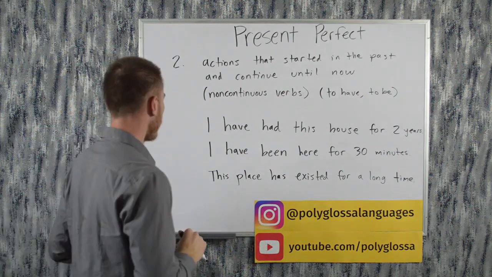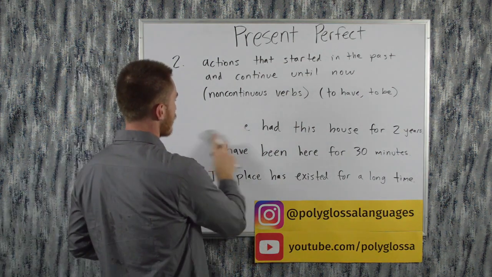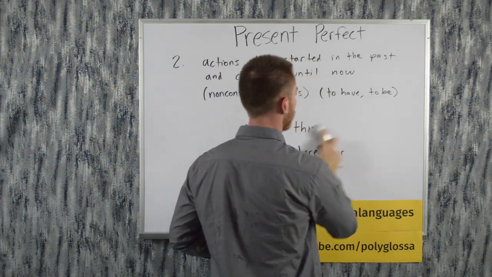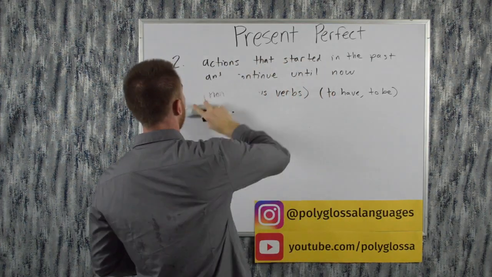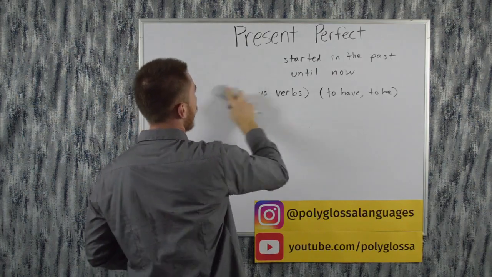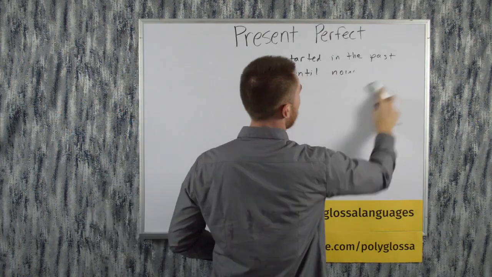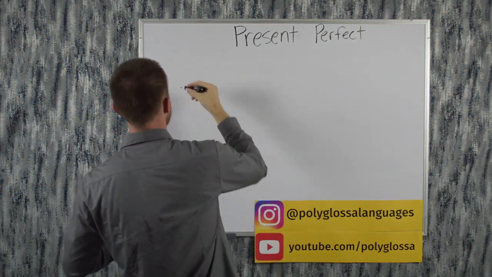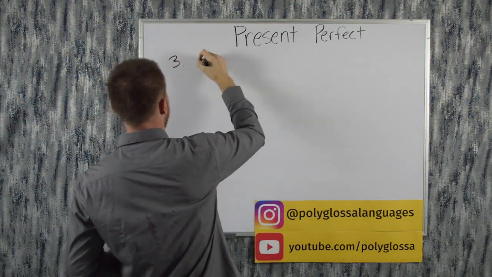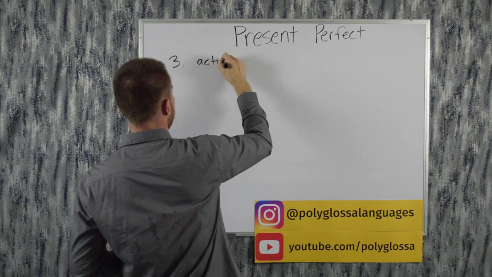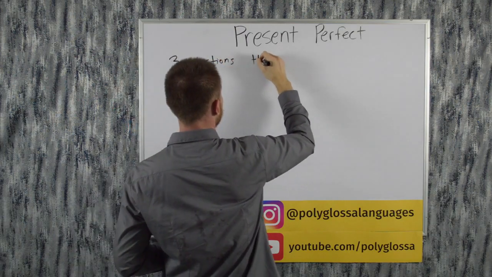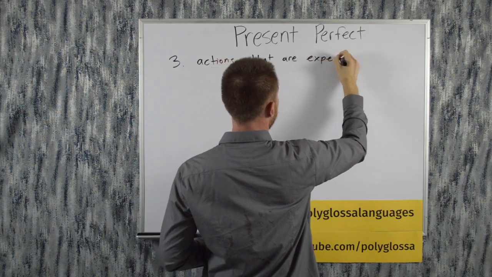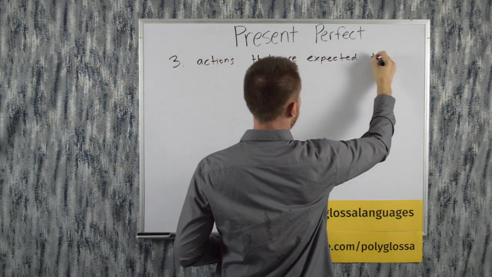Okay? So let's look at our number 3 usage now. Okay? So we've seen 2 so far. Okay? And now we're going to see 3 more. Let's start right now with number 3. So the number 3 usage is for actions that are expected to happen.